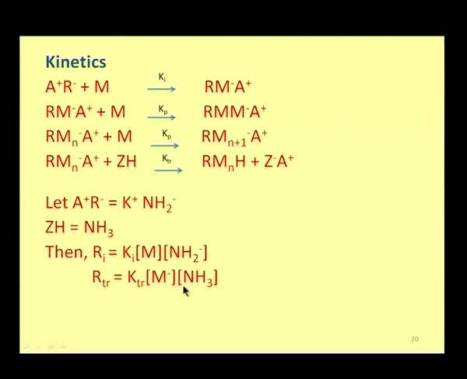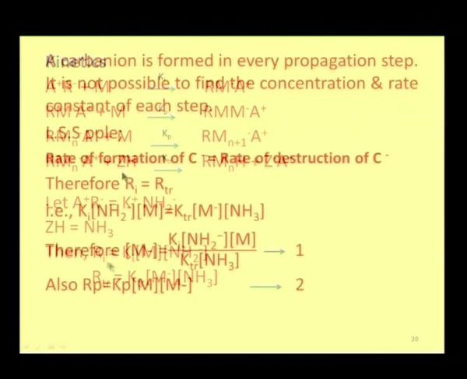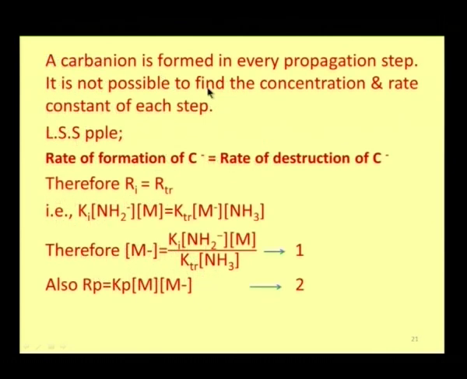Having known Ri and RTR, we understand a carbanion is formed in every propagation step, and it is not possible to find the concentration as well as the rate constant in each and every step of the propagation. Hence, once again applying the standard steady state principle, that is, the rate of formation of the carbanion is equal to its rate of disappearance, we have Ri equal to RTR.